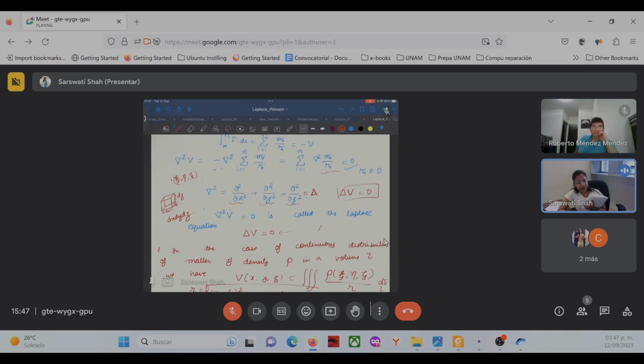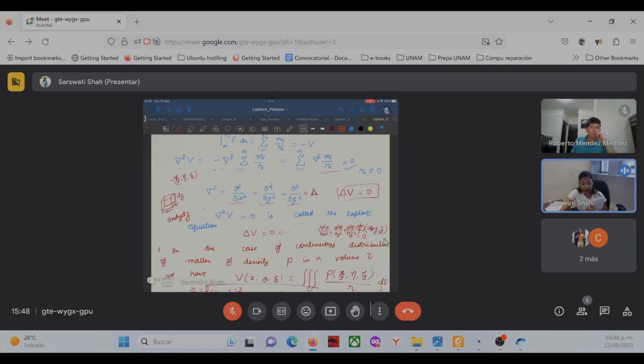What was the definition of a harmonic function? If phi is a function of n coordinates, suppose I take only 3 coordinates, then the second order derivatives of phi with respect to these 3 coordinates, del 2 phi over del x squared, del 2 phi over del y squared, and del 2 phi over del z squared, sum to 0. So we call phi a harmonic function.